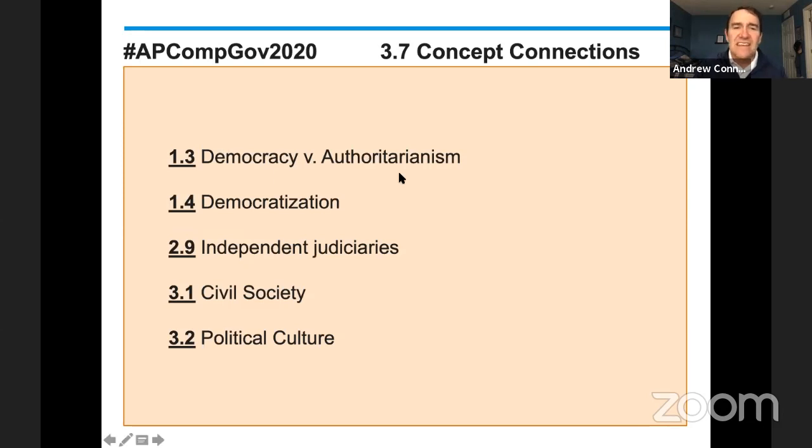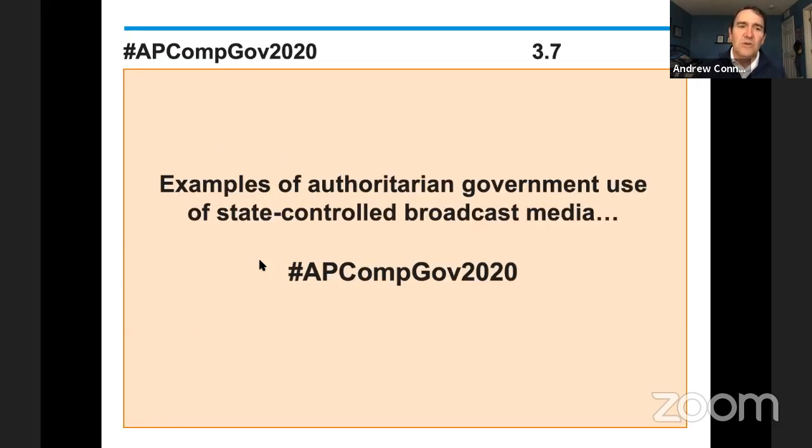We try to connect, you should have seen connections here with democracy versus authoritarianism. Also connection with civil society, which connects with political culture. And inherently this connects also with upholding the rule of law, which we see independent judiciaries that we reference in Unit 2 are more likely to uphold that rule of law independently of what the executive wishes.